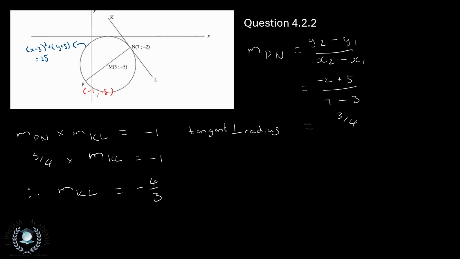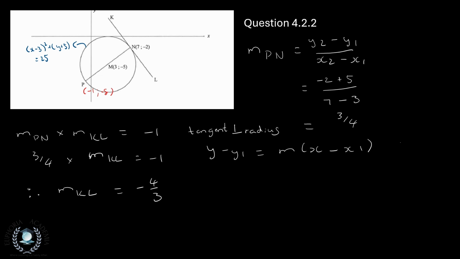So we're going to use the gradient-point method to find the equation of the line, and it is written as the following: y minus y1 is equal to m(x minus x1).